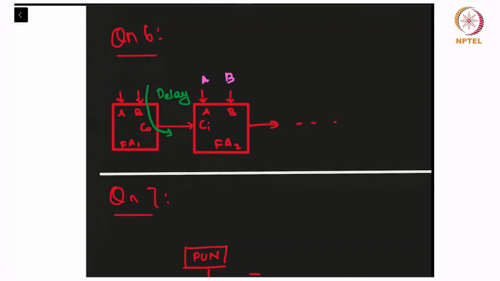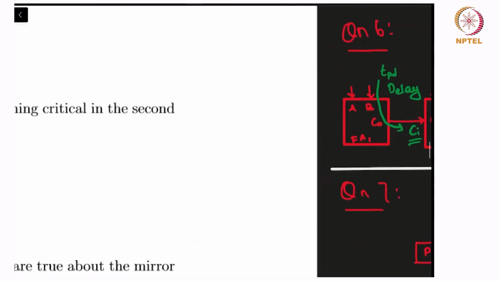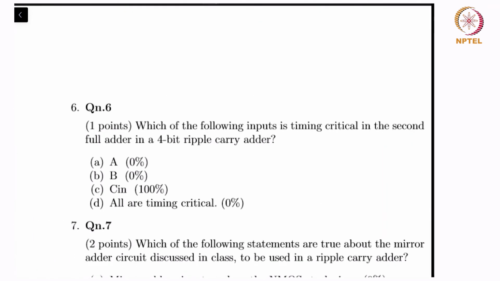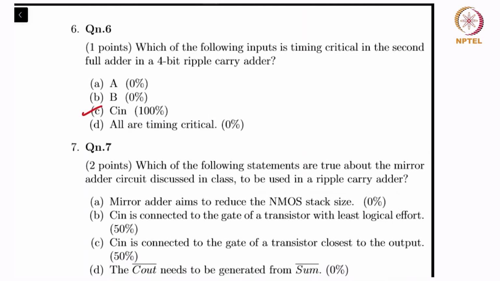However, the carry in will arrive, at worst case, with the propagation delay of the carry out path, right? So the TPD of this path is what it will take to arrive there. So therefore, Ci is the last arriving signal and it is the timing critical signal among all of these, right?